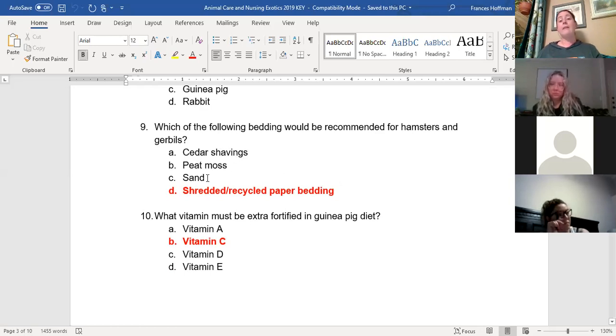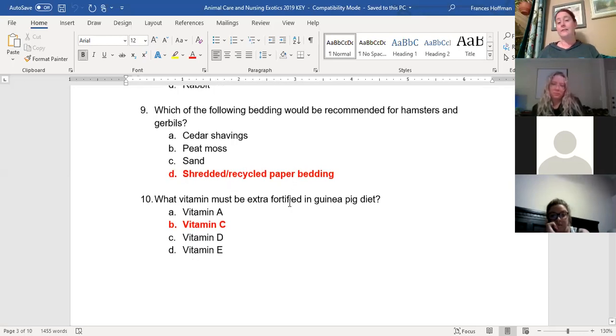And then sand looks really awesome, and I've seen some hamster habitats made up with sand, but the absorption is not as great as the shredded paper, or even the aspen bedding, which is still a little bit better.